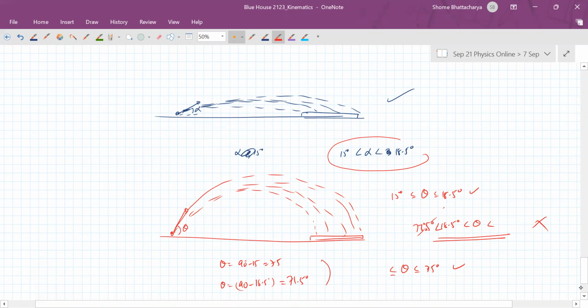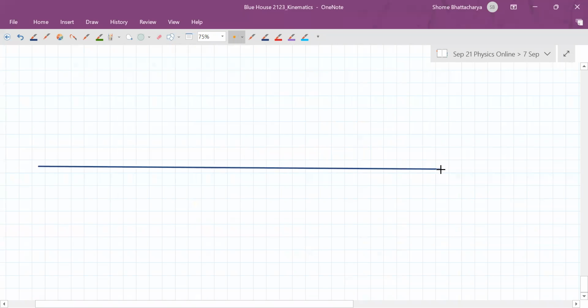So see, what happens is that the range repeats at two angles. When we project an object at a certain angle, suppose theta, where theta is less than 45 degrees, the range is u square sine 2 theta by g, or ux into t.